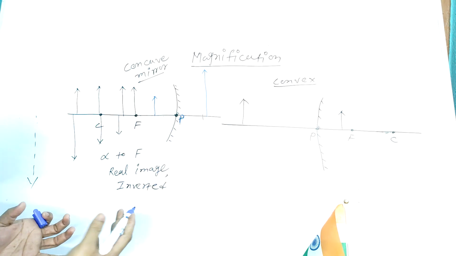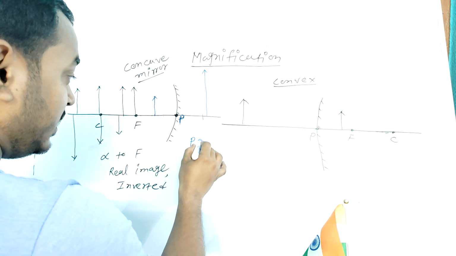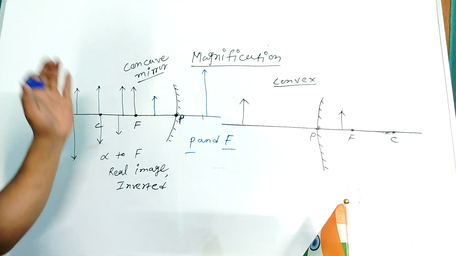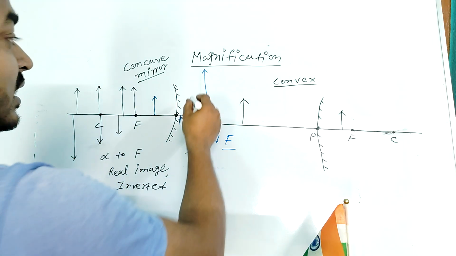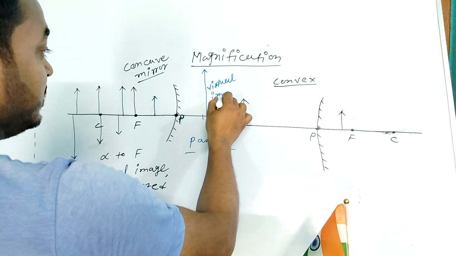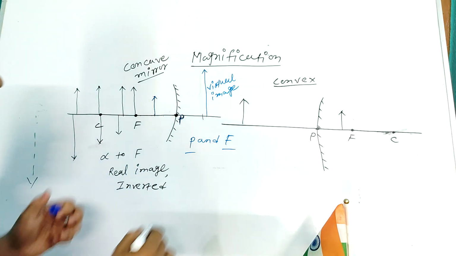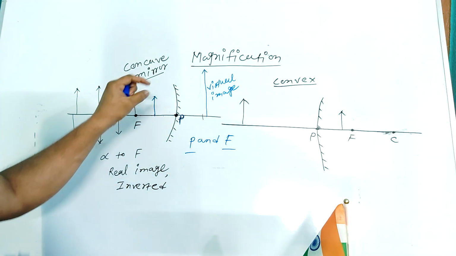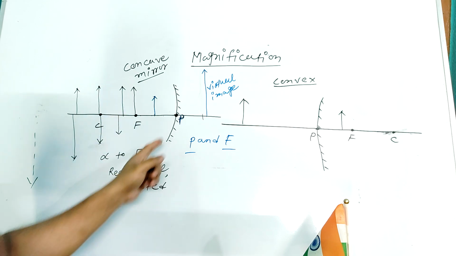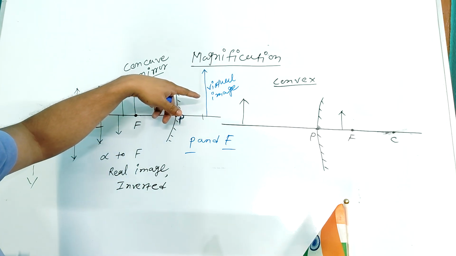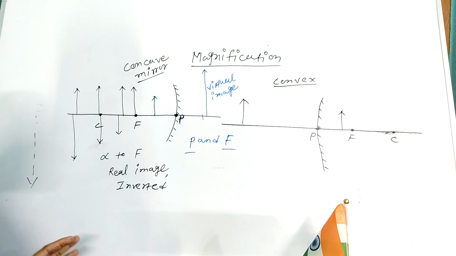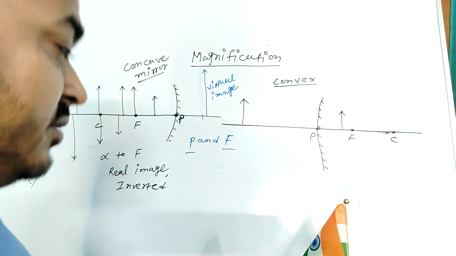So if I place an object between P and F, the image forms behind the mirror, and it is a virtual image. Only for this one case, when the object is placed between P and F, do we get a virtual image. Otherwise, for all the other cases, the image is real and inverted.